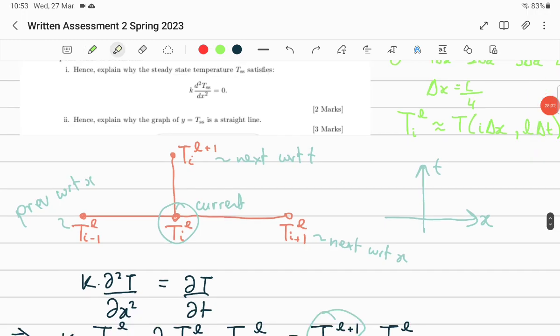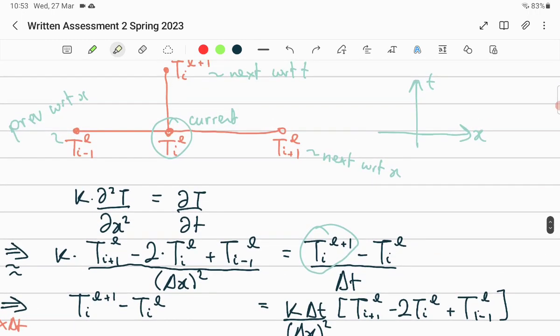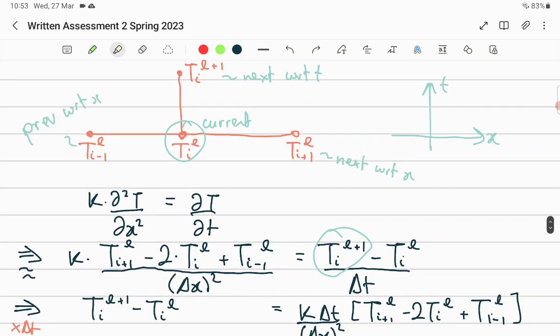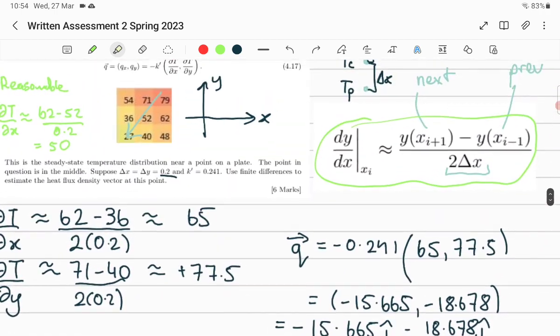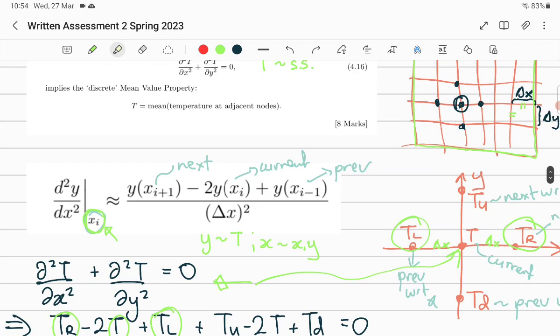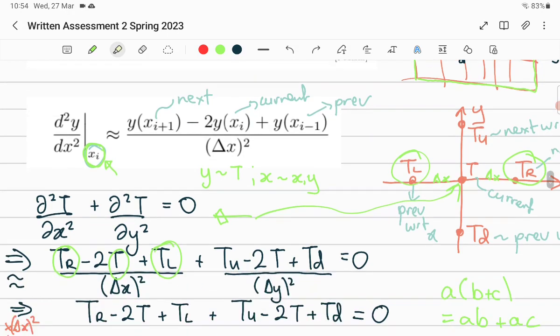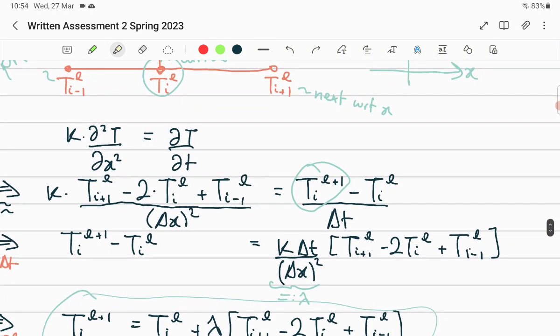So what we want to do, and these finite differences, well, this one we've seen a bit earlier. The second derivative is approximately the next minus twice the current plus the previous. And we'll write down the other one that we're doing. The other one is a bit easier.